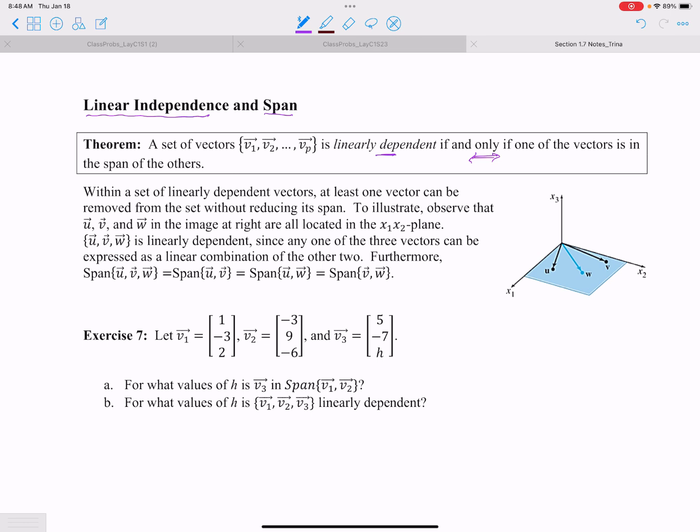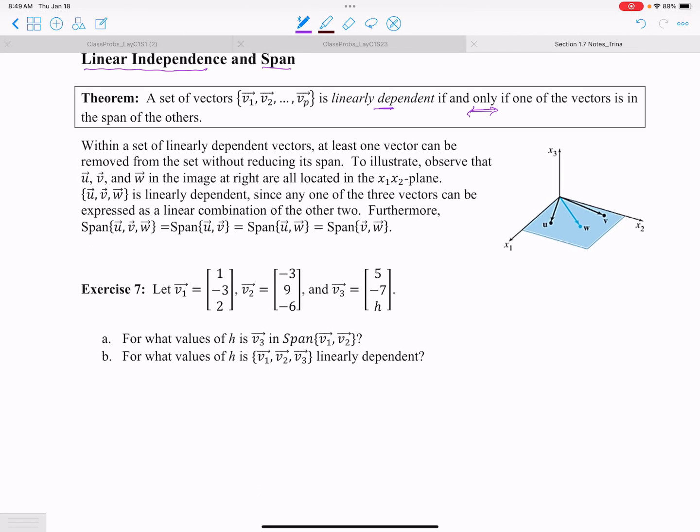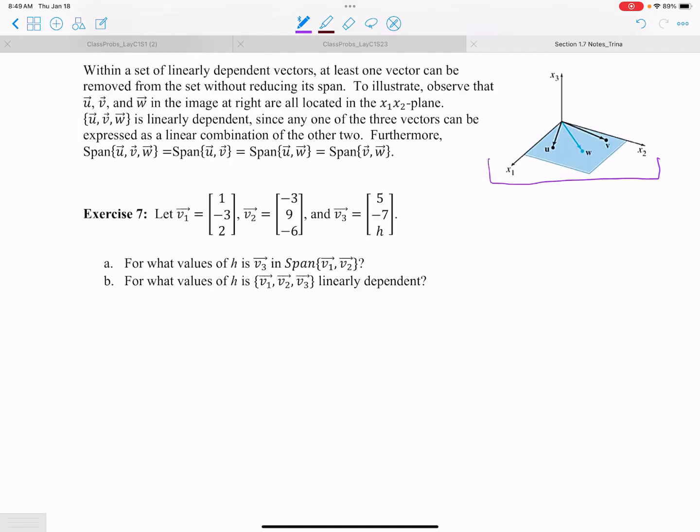Also know that if I have a set and I know that one is in the span of the others, that it's dependent. So kind of a visual representation is that this W is in the span of the other two. So I know that W depends on U and V, or it's in the span of U and V. That makes the set that contains U, V, and W dependent.